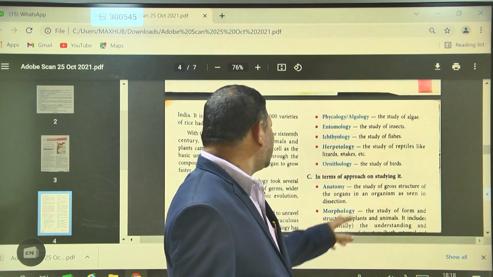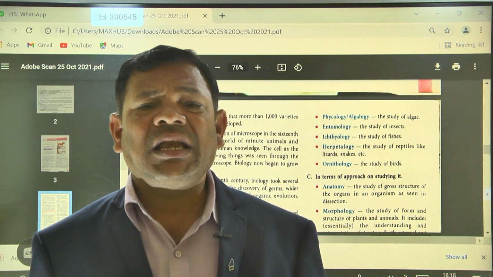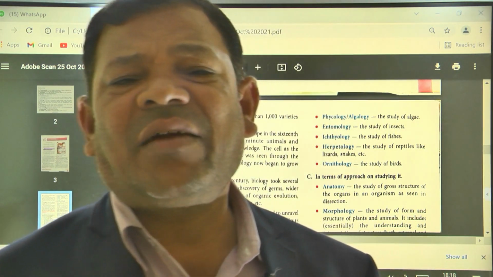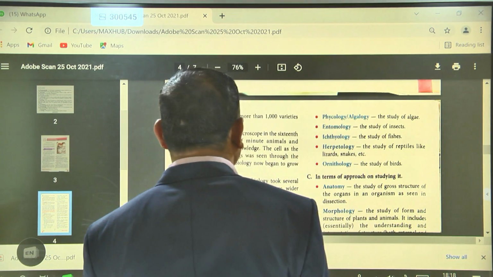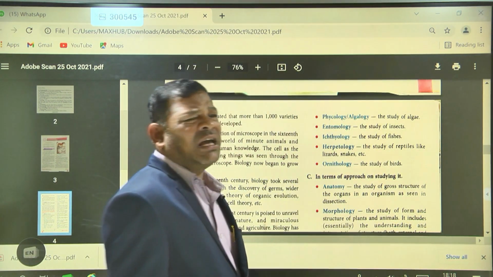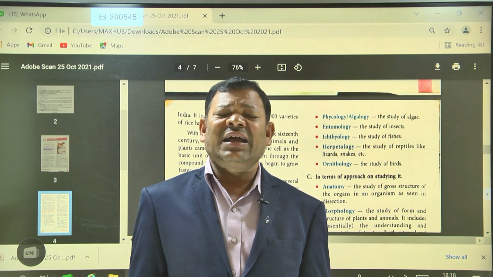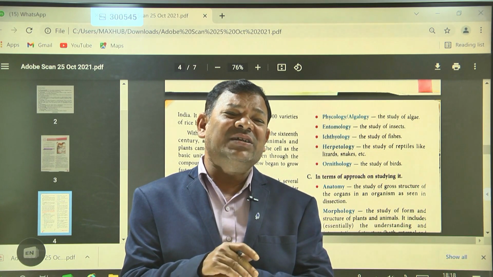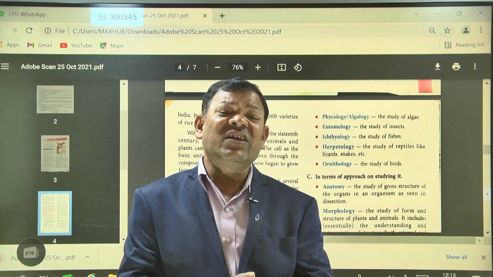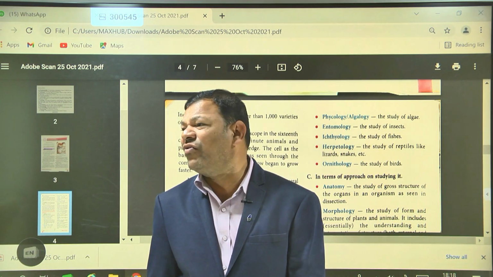Last but not least, second category, ornithology. Study of the birds is called ornithology. Keep this in your mind. If you have studied biology, two important points are required: viviparous and oviparous.